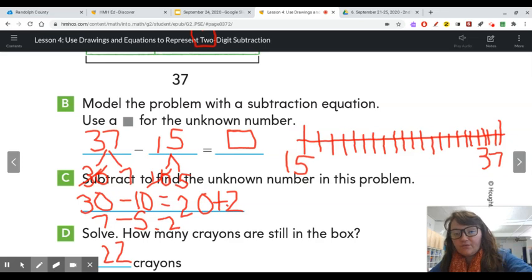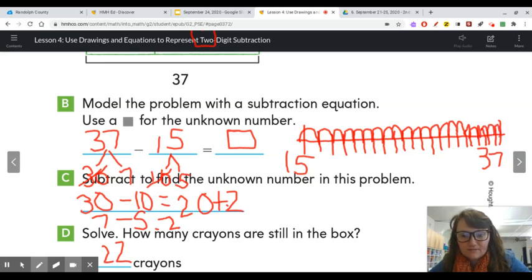So now you're going to do frog hops or bunny hops or whatever to see how many it takes. You count the hops up to 22. Aha, we were correct. So our answer is still 22.